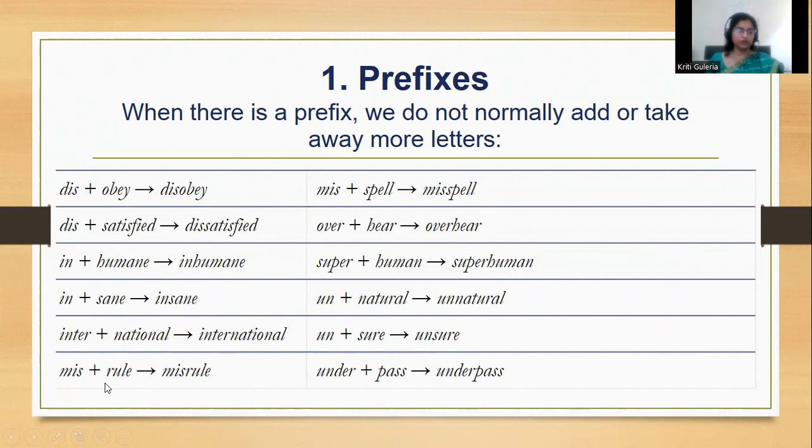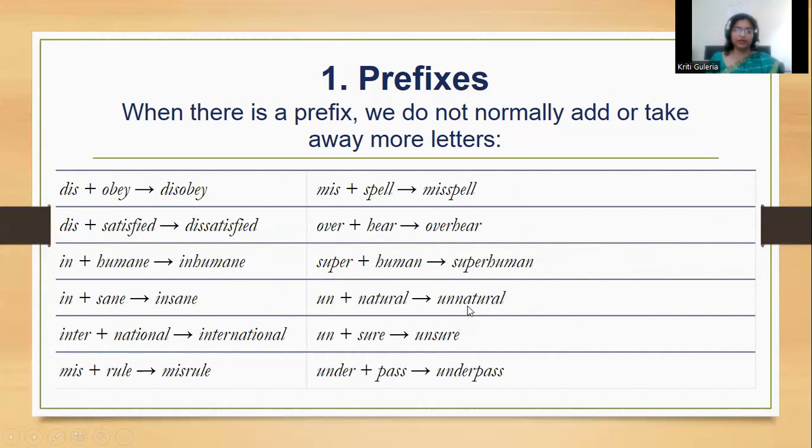Next word, rule. While adding prefix mis, we make it misrule. Next word, spell. While adding mis, it becomes misspell. Here, while adding prefix over, it becomes overhear. Human, by adding prefix super, becomes superhuman. Natural, by adding un, becomes unnatural.